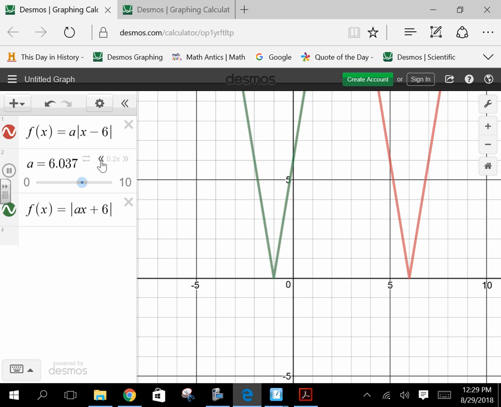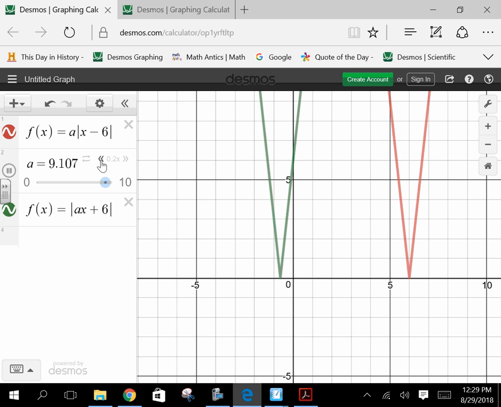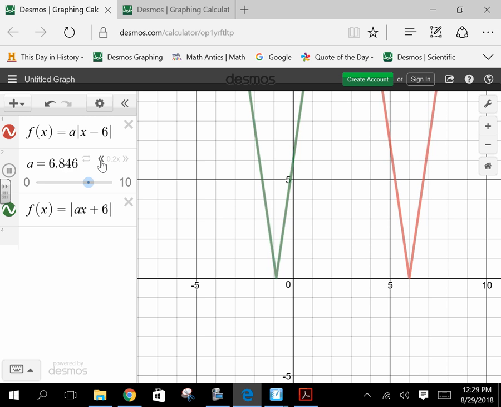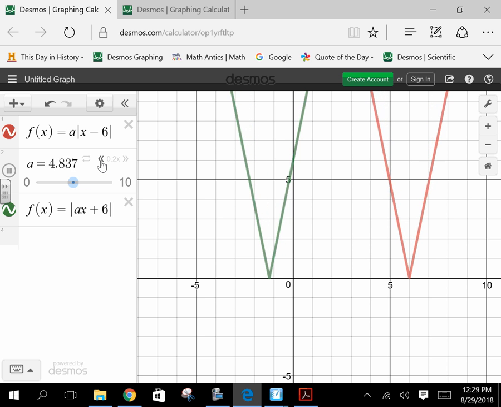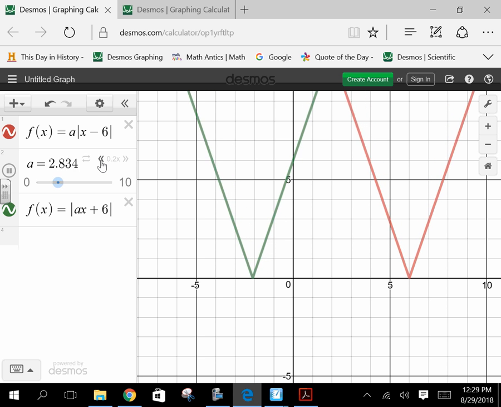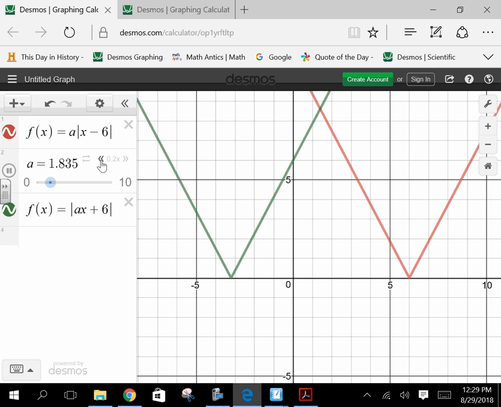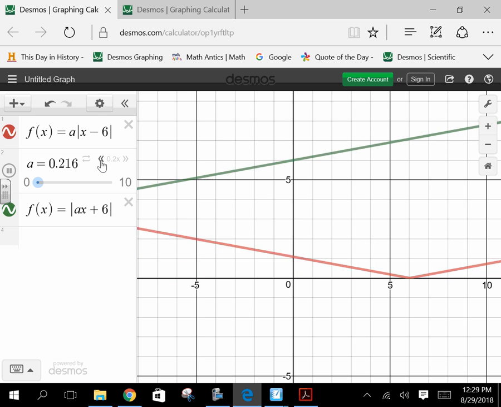Now, the one you just wrote down, the a is inside, so we're dealing with the green one now. And look what's going on. Since it has a y-intercept that doesn't change, what's going on here is a horizontal stretch or shrink. In other words, movement going left and right as opposed to movement going up and down. So on the green one, we're dealing with horizontal shrinks and stretches.